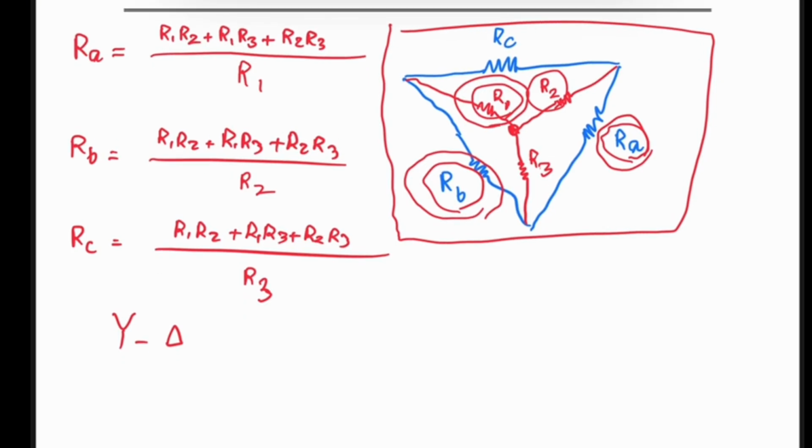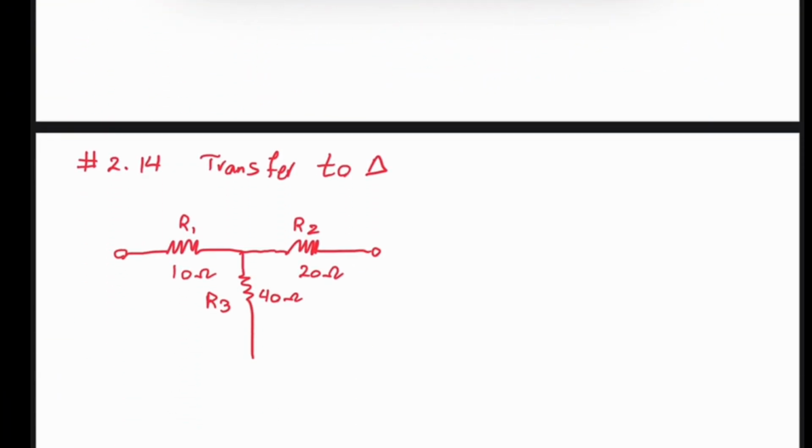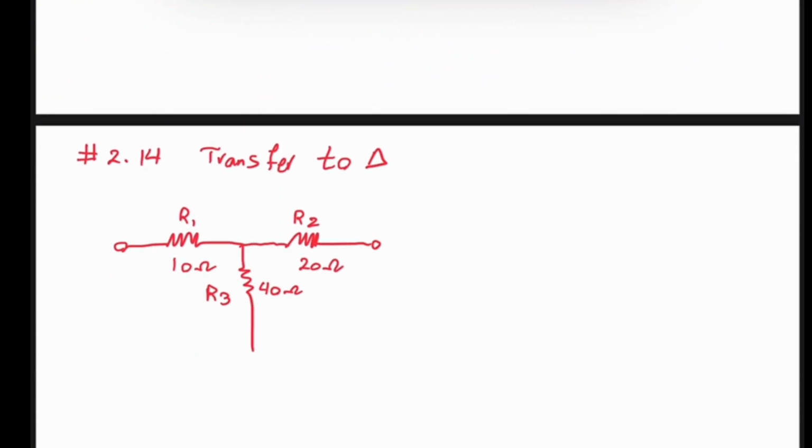Now, for better understanding, we are going to solve two examples. The first example is a transformation from Y to delta network. If I want the delta network, first of all I should calculate all the possible products of two resistors in the Y network.